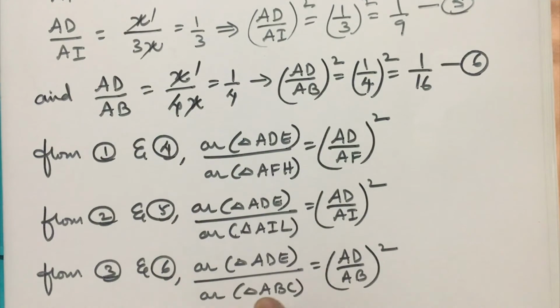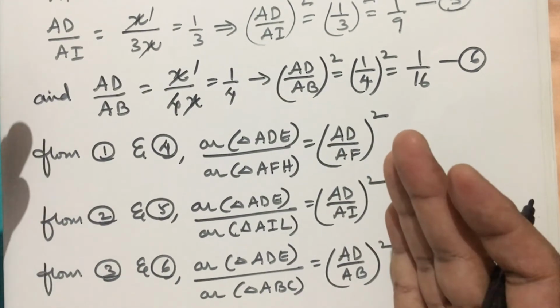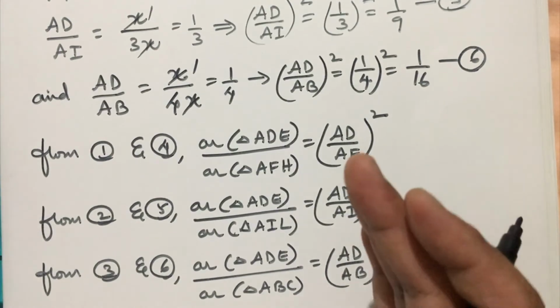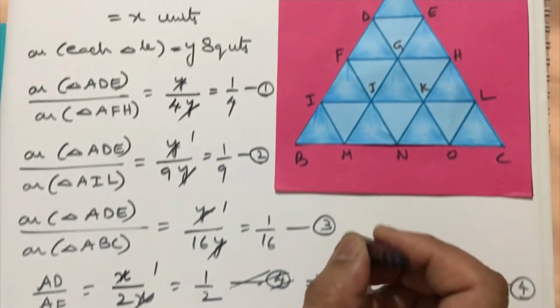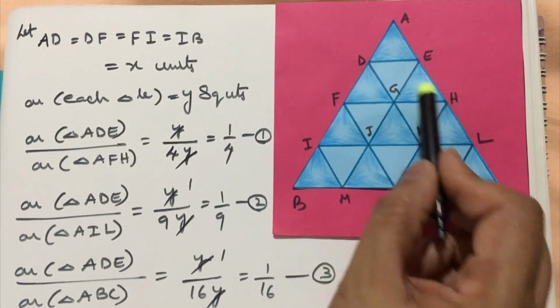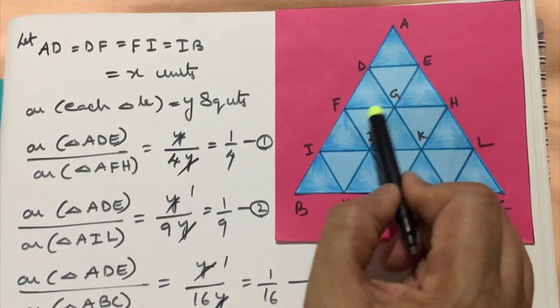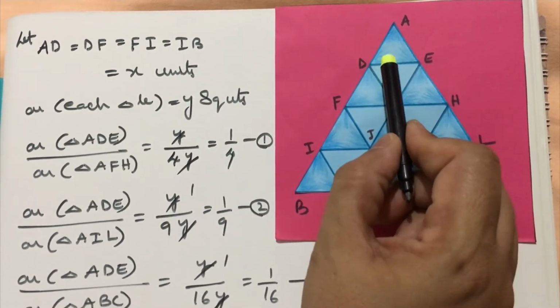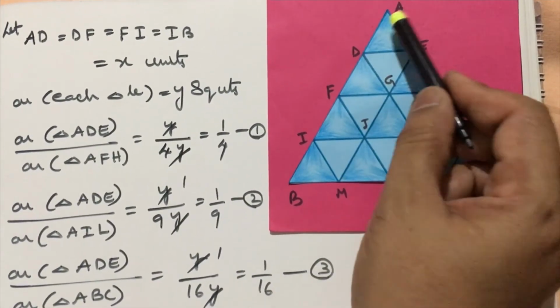So by looking at this we can come to the conclusion. When you look at this figure, ADE and AFH are similar to each other, because here DE is parallel to FH, as AD by DF is equal to AE by EH.